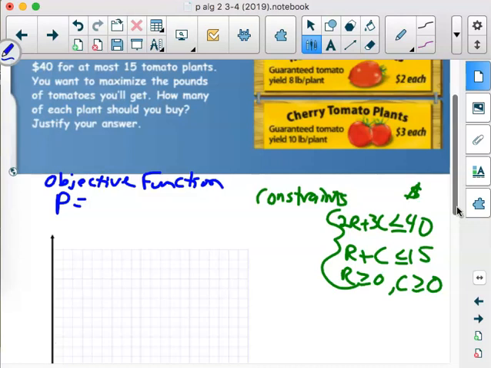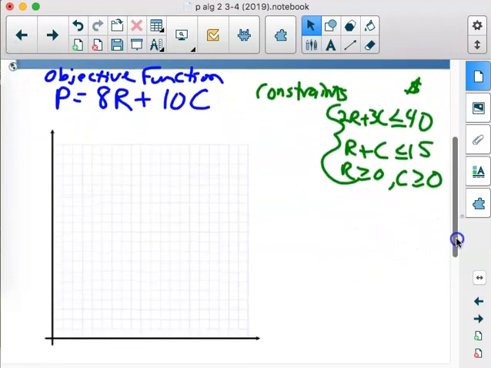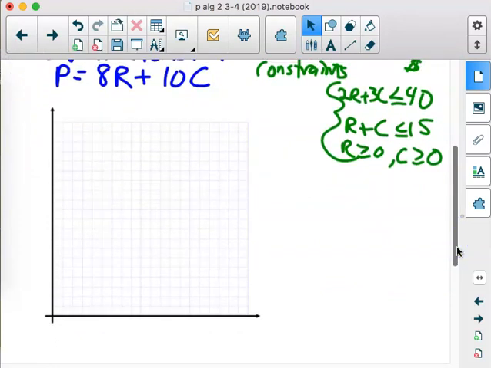Do you see it? 8 pounds for Romas, 10 for cherry. There they are. So now we're going to do exactly what we did in the non-word problem a little bit ago. We're going to graph our constraints, find the vertices, put them in the objective function, and figure out how many of each we should get. All right, color coding time. I think I'll keep that top one green.